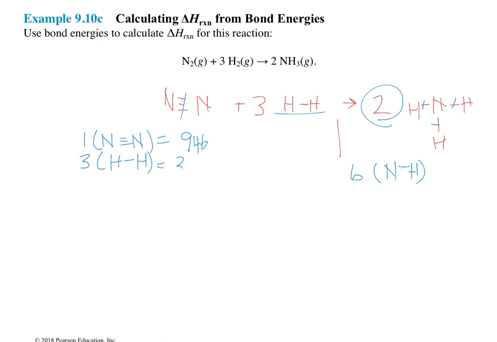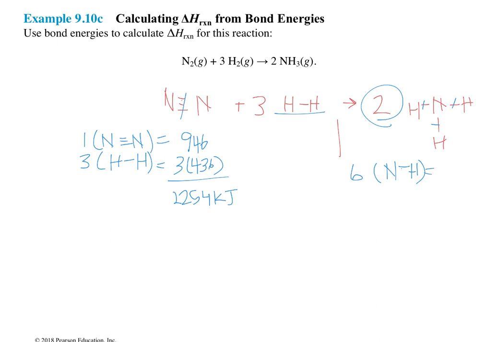And then I have 3 of hydrogen-hydrogen, which is 436 kilojoules. So the amount that I'm going to use to break is 2254 kilojoules. Great.